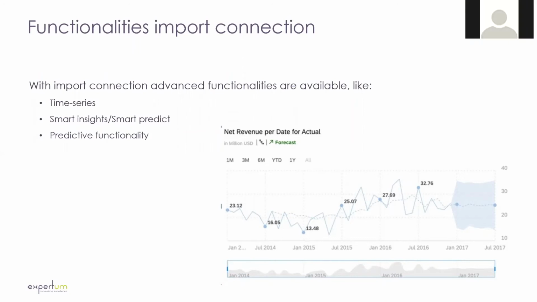And this is about the predictive functionalities. Is predictive functionality in SAC not the same as distribution according to actuals functionality in embedded?